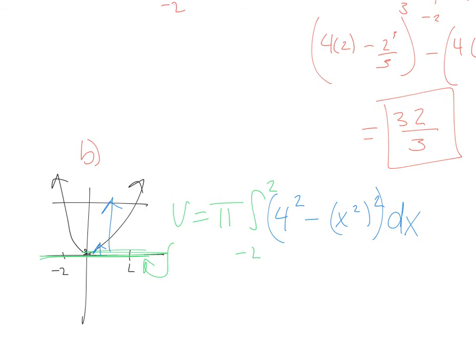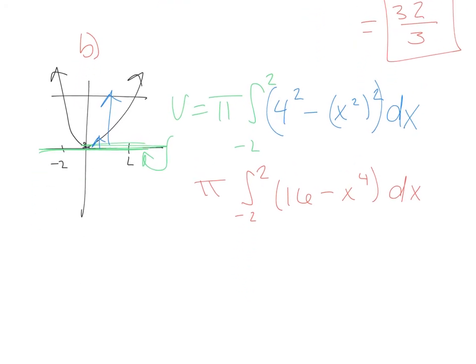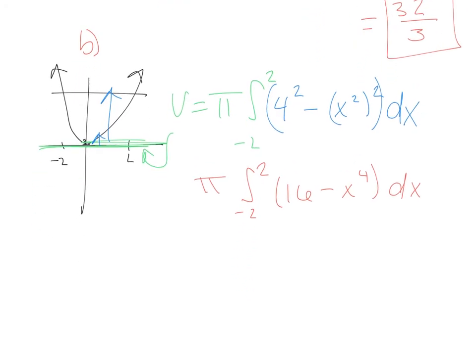Alright, so to do this out algebraically, I'm going to clean this up a little bit. This is pi from -2 to 2, 16 minus x to the 4th dx. Okay, so I'm going to integrate this. So it's 16x minus x to the 5th over 5.